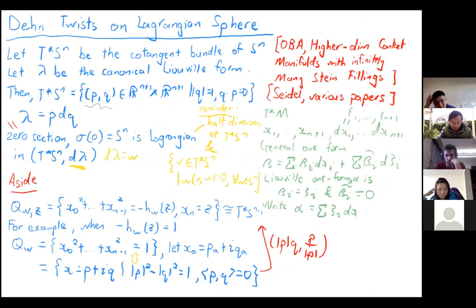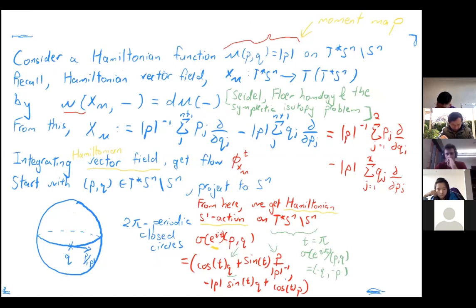I think in the formula p and q have to swap to get minus p and minus q. Do you agree? Yeah, okay.